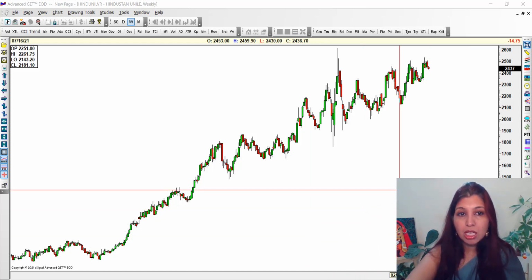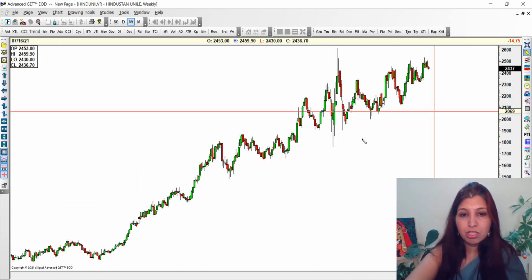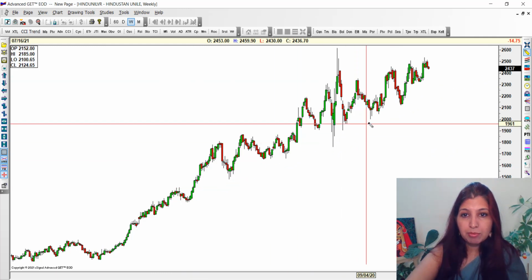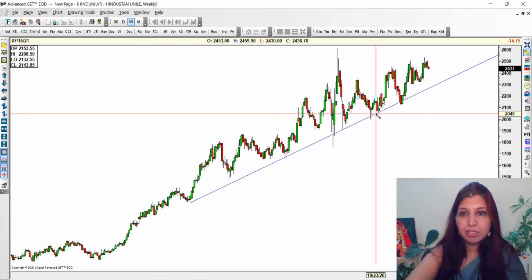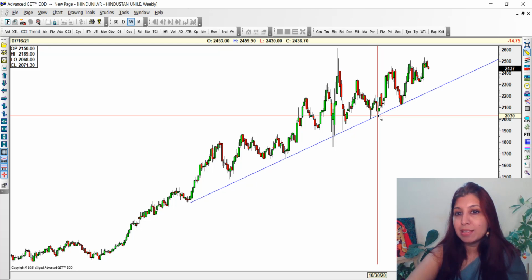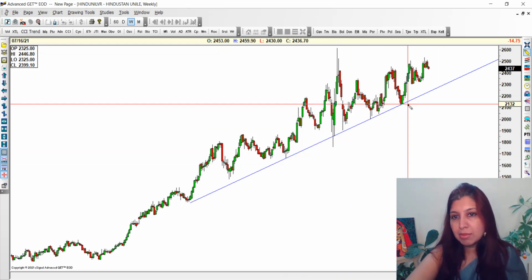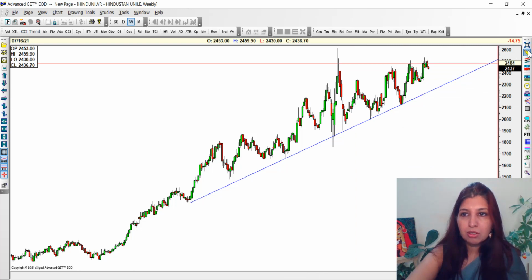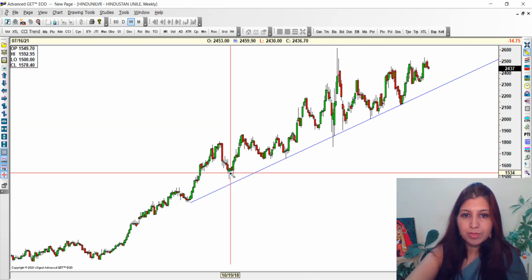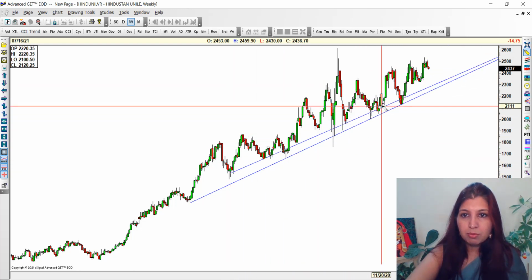And if you see clearly, it's been going up. I am just drawing a trend line for you over here. The trend line can be drawn in many ways. I can draw it like this, or I could have slanted it a little bit up. No way is really wrong per se.